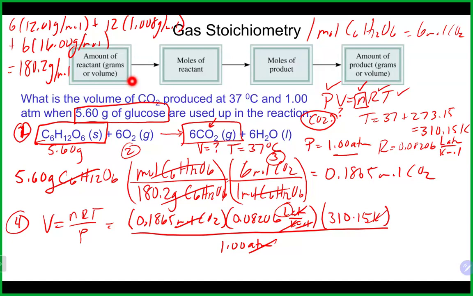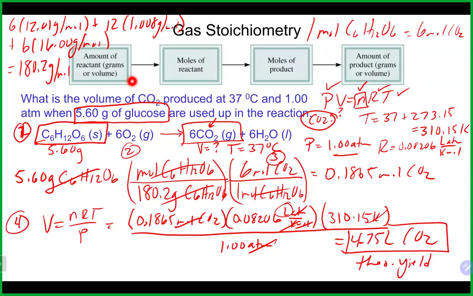That leaves liters as the only unit left, which is good since that's what we're looking for in volume. So we'll end up with 0.1865 times 0.08206 times 310.15 divided by 1, which gives us like 4.75 liters of CO2. By the way, since CO2 is a product, that would be a theoretical yield.